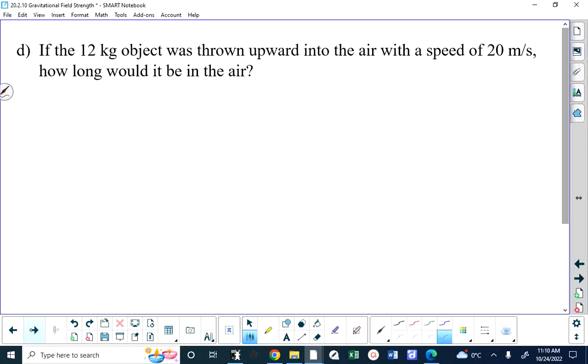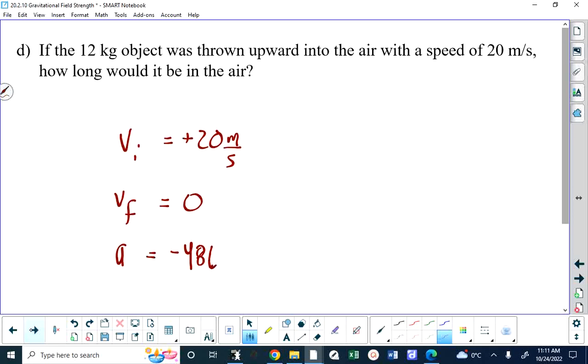Let's use VI equals positive 20 and VF equals 0 and find out how long it takes for that object to get to the top of its flight, and then we can double it. We do know that A is negative, I've forgotten that number already, but was it 486, Nate? Okay. Negative 486 meters per second squared.